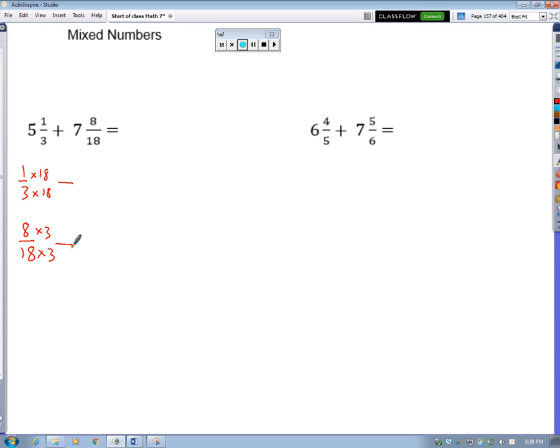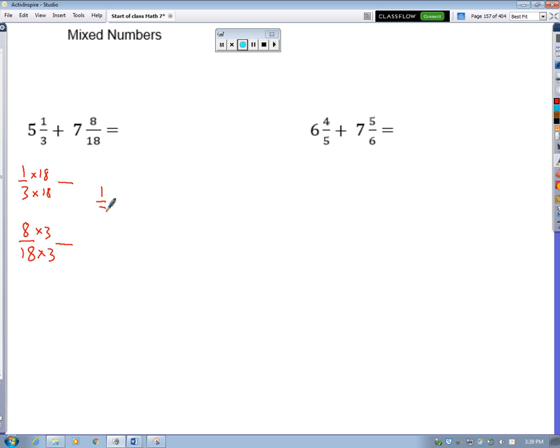Okay, if you start thinking about these numbers, thinking about multiples, 3 and 18, okay, I know that I can multiply 3 by 6 and get it to turn into 18. Okay, so this is going to save me this step because I know I can change 3 into 18 by multiplying it by 6. So that's what I'm going to do to save some time. Alright, it takes looking at these denominators and seeing if one is a multiple of the other.